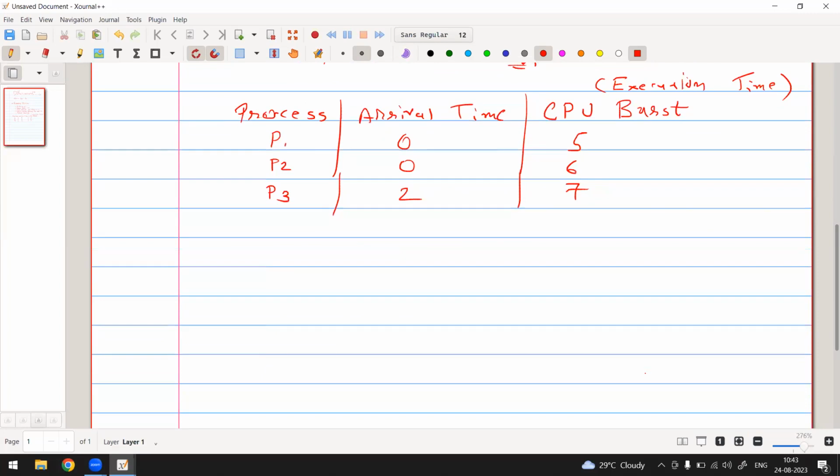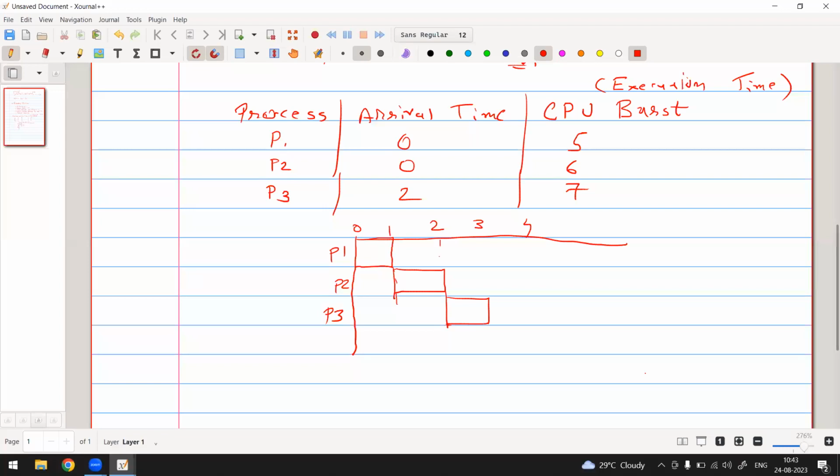And after each scheduling, we'll prepare one chart, which is called a Gantt chart, where you will mention the processes on the vertical axis and the time on the horizontal axis. So we can mention that P1 will execute from 0 to 1, P2 will execute from 1 to 2, P3 will execute from 2 to 3, right?